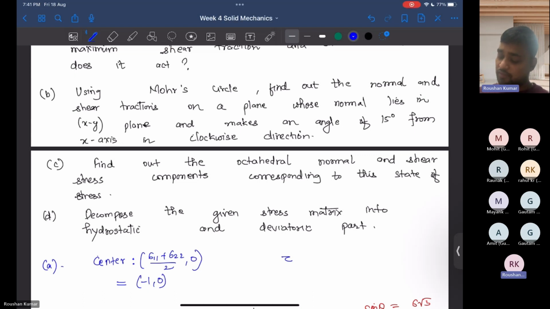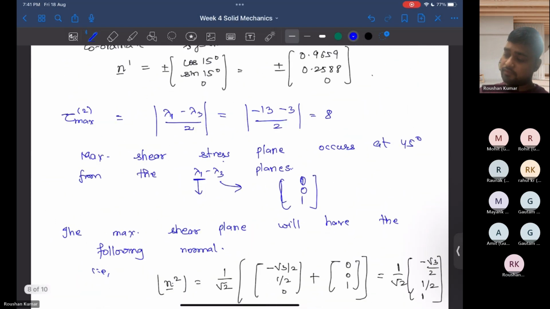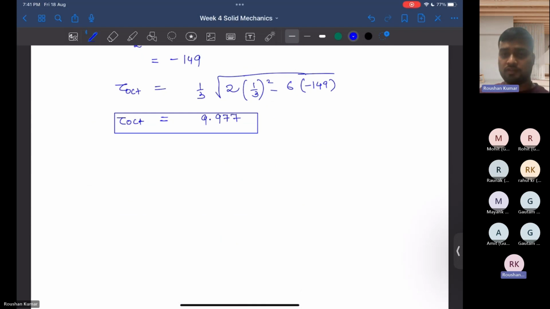The last part of this question is to decompose the given stress matrix into hydrostatic and deviatoric part. First we have to find the hydrostatic part.